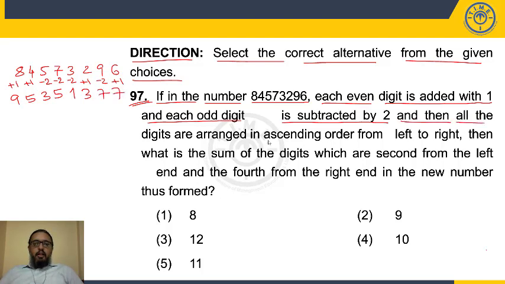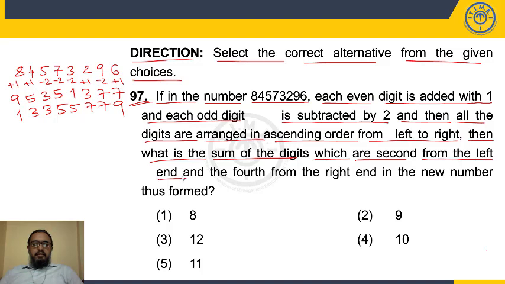And then all the digits are arranged in the ascending order from left to right. Okay, ascending order from left to right, we have 1, there is no 2, but there are 2 3s, and there is no 4, there are 2 5s, then there are 2 7s and 1 9. Then what is the sum of the digits which are second from the left end? 3.